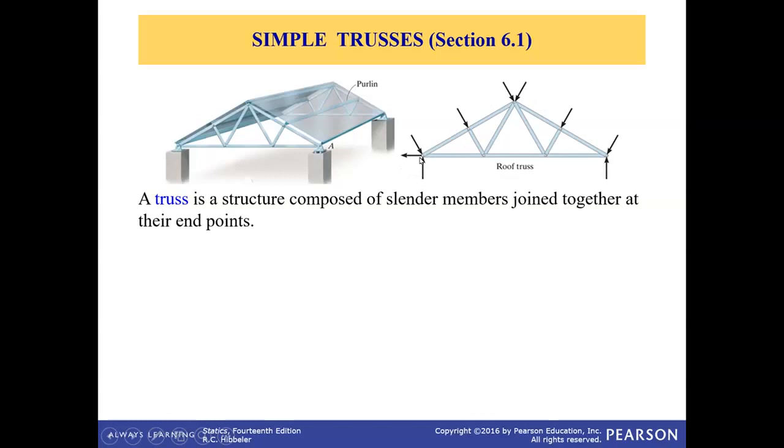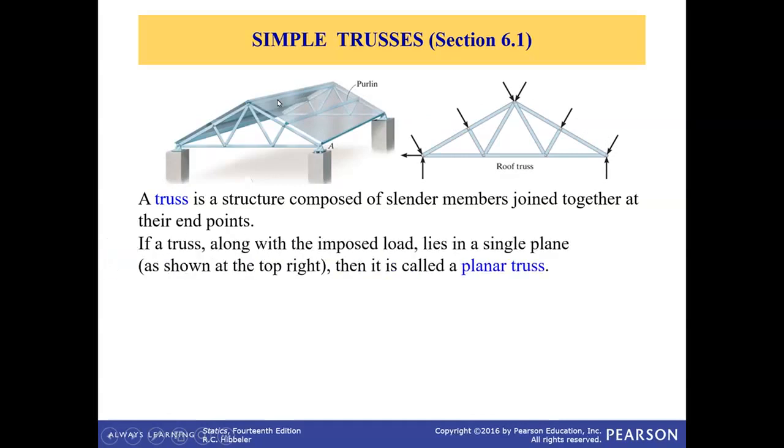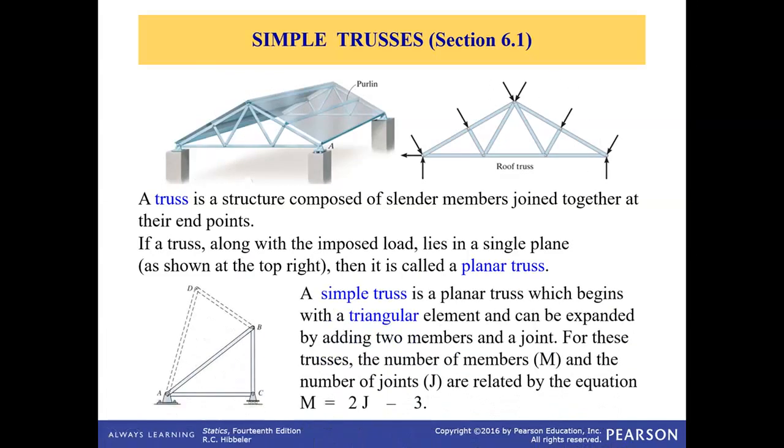For example, here, these two arrows are called support reaction, and here this arrow is the support reaction, while all other arrows are externally applied load because of the weight attached on top of the truss. So if a truss along with the imposed load lies in a single plane, then it's called a planar truss. So in this example, if we look from this side, then everything is in one plane. So that's called a planar truss.